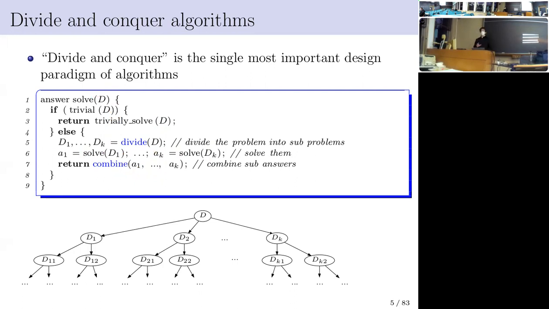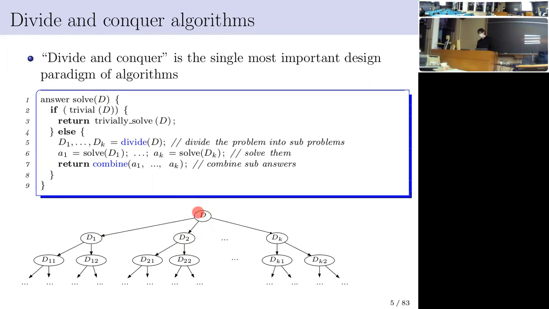This kind of pattern appears in many algorithms and many problems. In terms of the whole structure, solving a problem with a divide and conquer algorithm results in a tree structure like this.